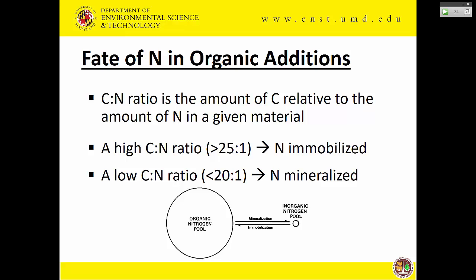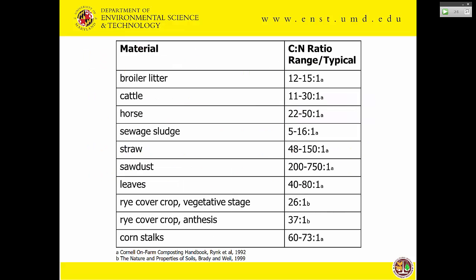In materials that have a very high C:N ratio, which means more carbon per unit of nitrogen, the nitrogen is going to be immobilized, which means bacteria will take that nitrogen, so the inorganic nitrogen pool will decrease. When there is another material with a low C:N ratio, which means less carbon per unit of nitrogen, there will be more nitrogen mineralization in that scenario.